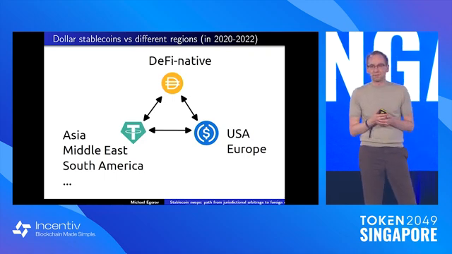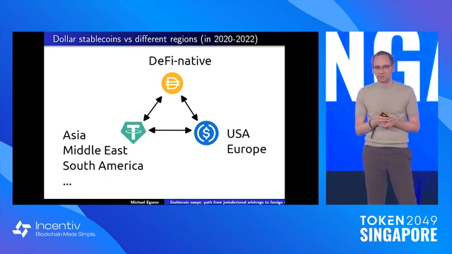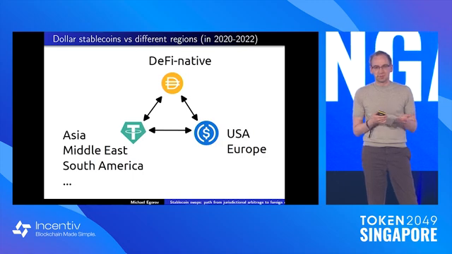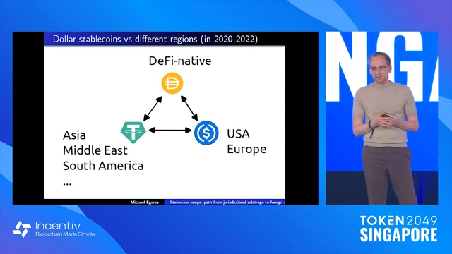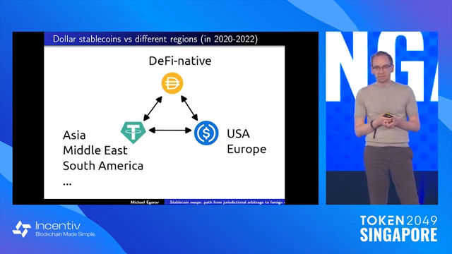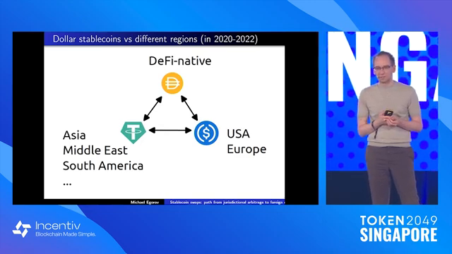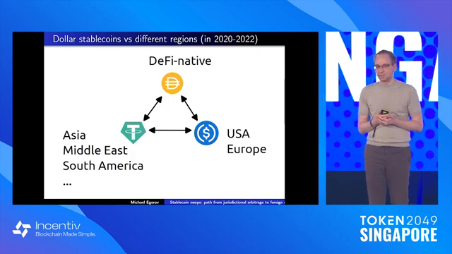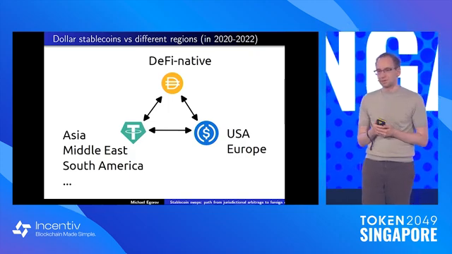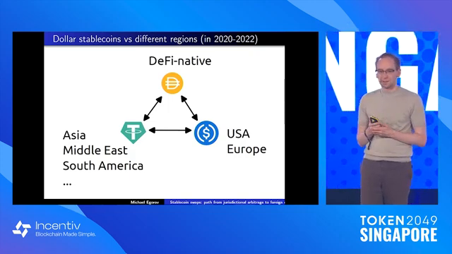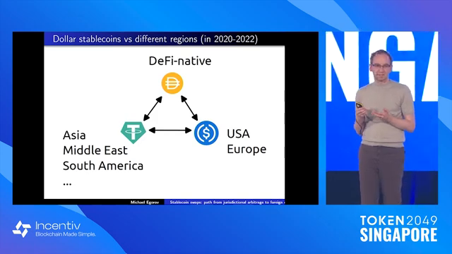These stable coins have different use cases. DAI was DeFi native, and USDT was mostly used in Asia, Middle East, and so on. USDC is mostly used in USA and Europe, but these use cases are sometimes mixed.